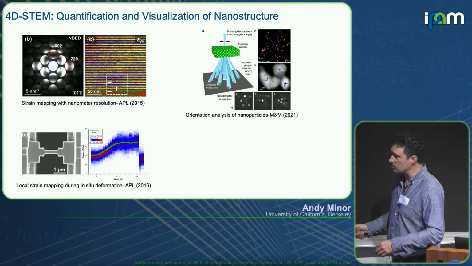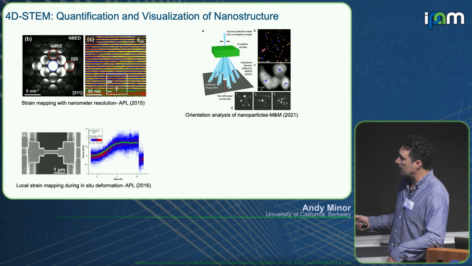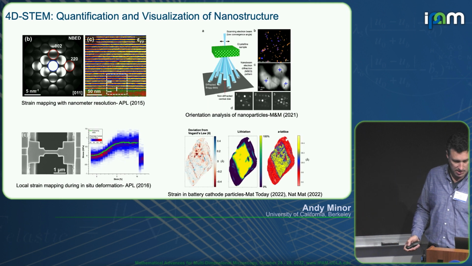So this was a paper we did where we just looked at orientation analysis of catalytic nanoparticles. You get these catalytic nanoparticles all over the place, and you just take huge amounts of data and try to quantify the orientation of different grains inside these catalyst nanoparticles.